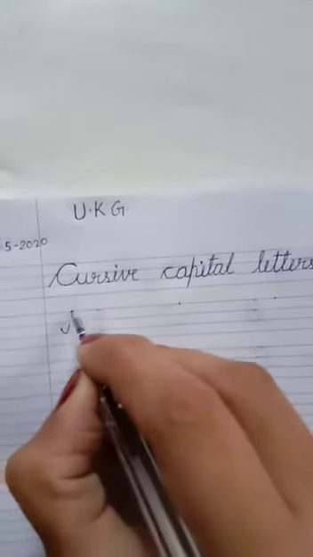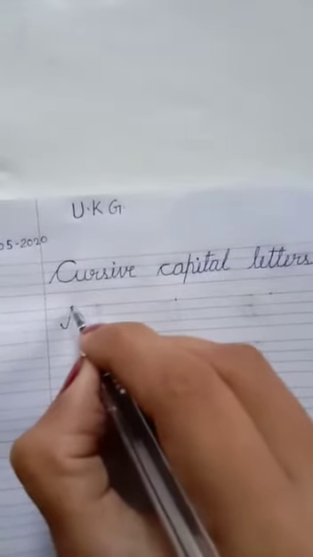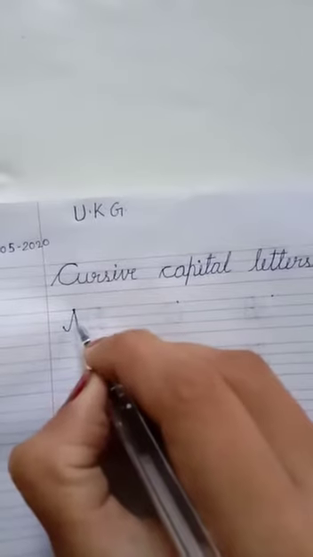M. M start on the third line like this with a little curve and go on the first line. Okay, now start on the top line and moving down on the third line.